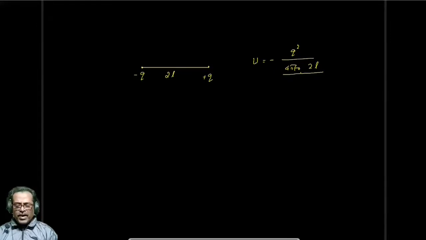Now, we want to find the potential at a certain point due to this dipole. Suppose this is minus Q and plus Q. We are taking the middle point of the dipole as the origin, the point of reference O, and we are selecting a point which is far away from the center of the dipole. The length of the dipole is twice L, and the point is at a distance r and at an angle theta.